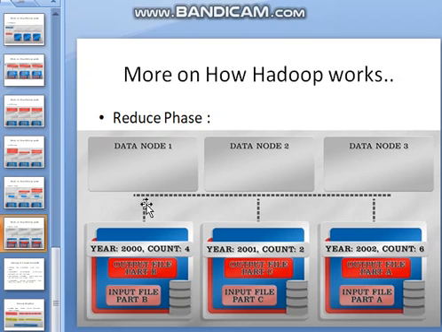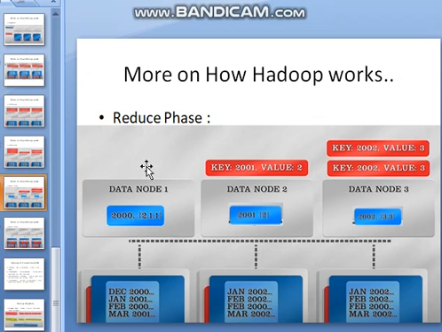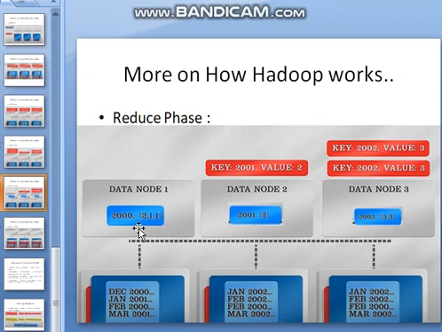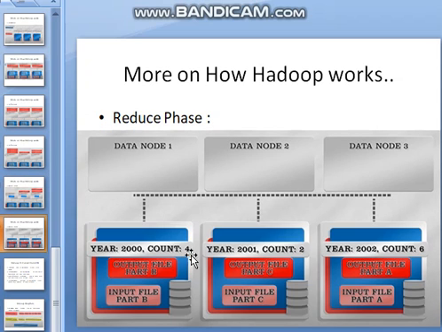we can count the number of years present in each individual distributed data node. As you can see, the year 2000 in data node 1 is present 4 times. If we sum up the key values, that is 2 plus 1 plus 1, it comes to 4.